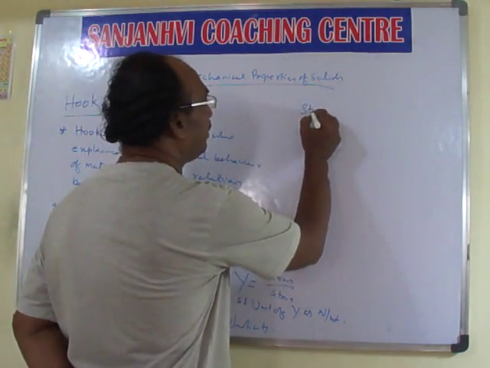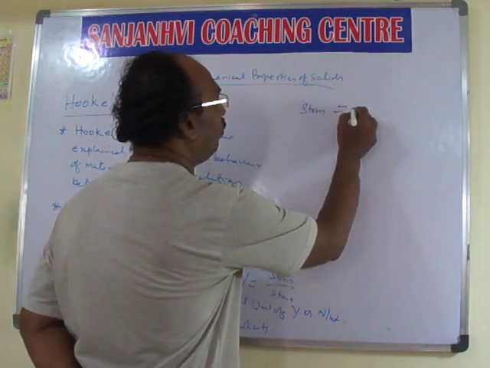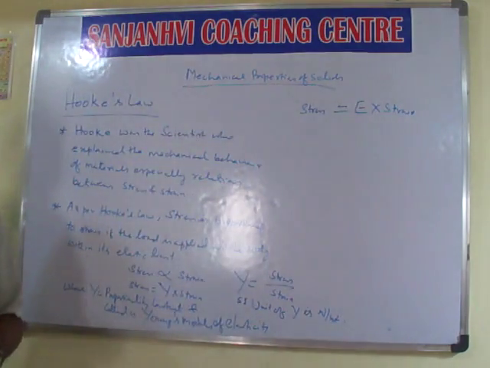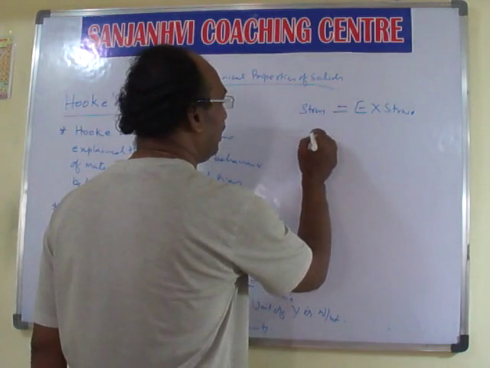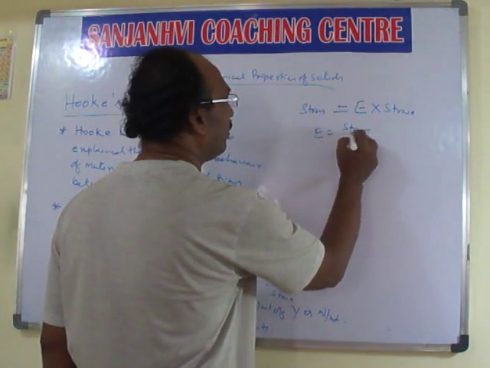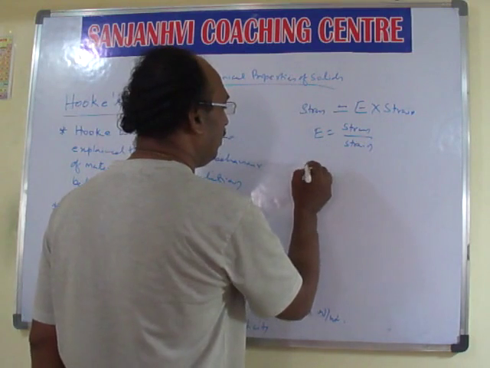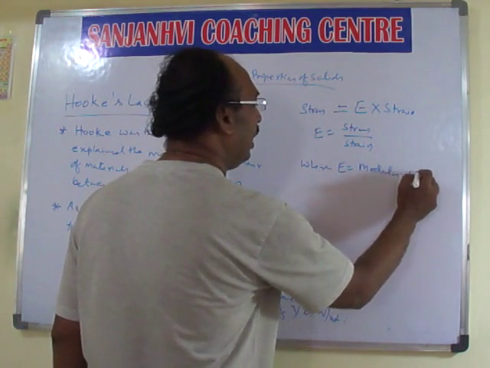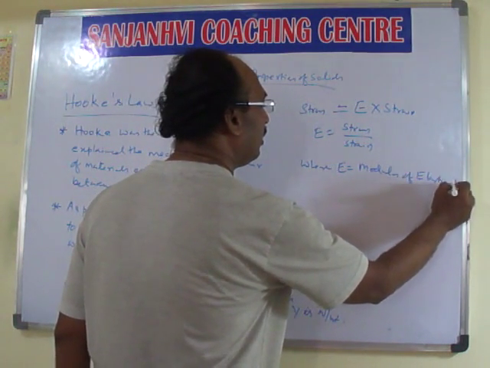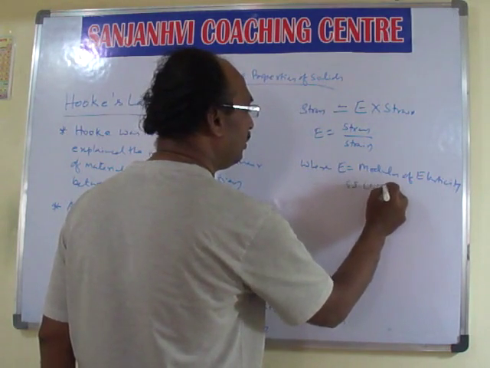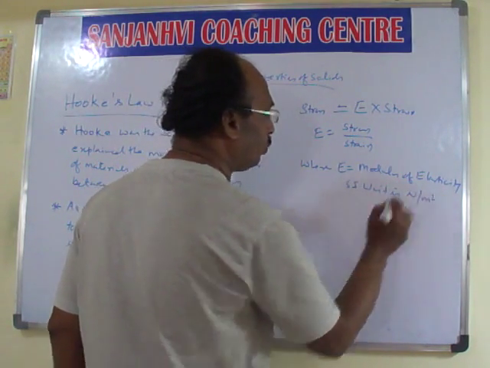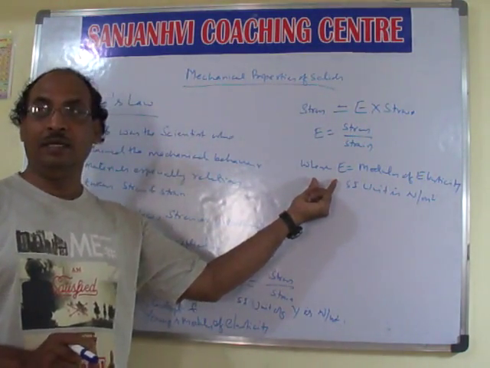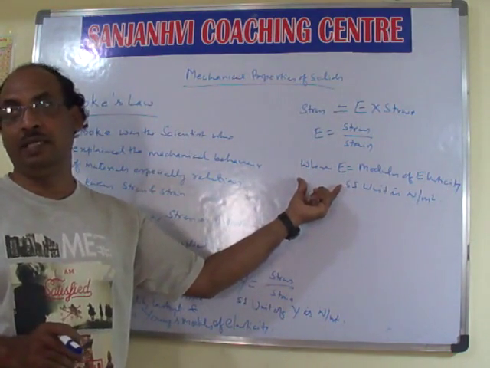So generally stress is equal to E into strain, or E is equal to stress by strain, where E is the modulus of elasticity. SI unit is Newton per meter square. Understood? For each and every material, a specific modulus of elasticity is there.